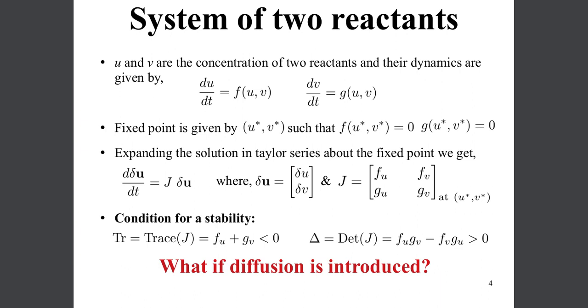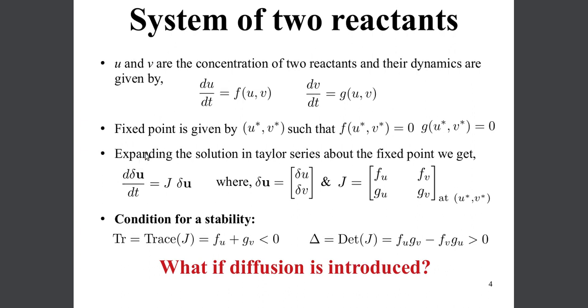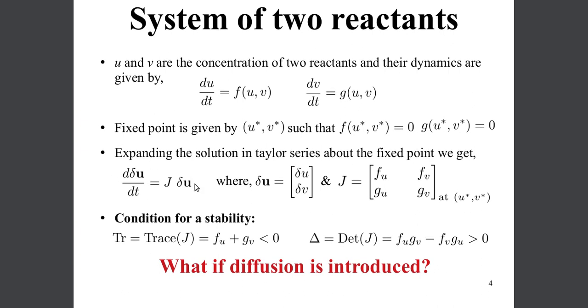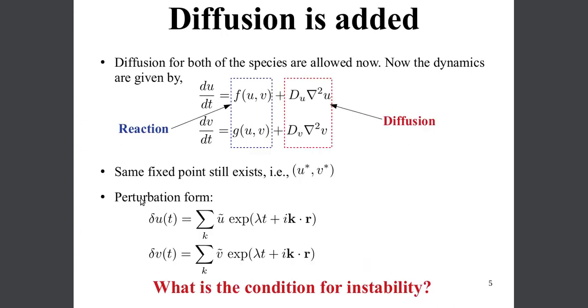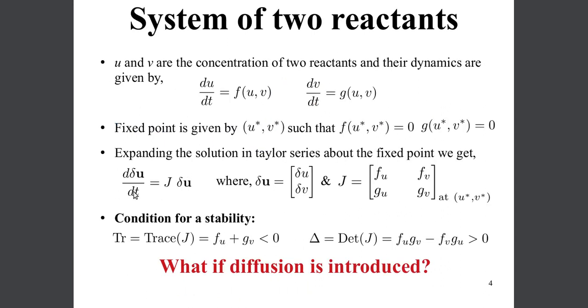Okay, now the condition for stability. You can reduce this equation to an eigenvalue problem, where you analyze the eigenvalues of J, and according to the sign of the real part of the eigenvalues of J, you can say whether the solution will be stable or not.